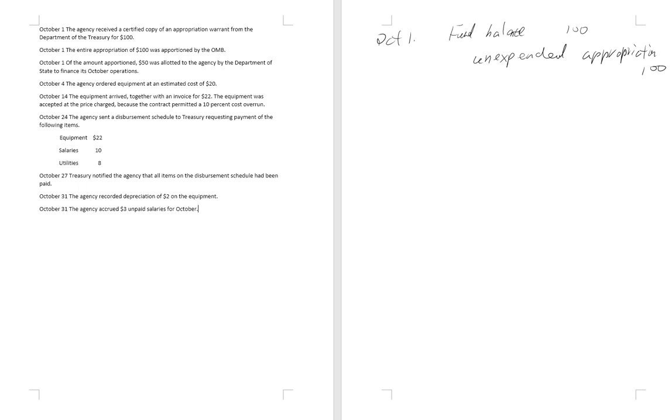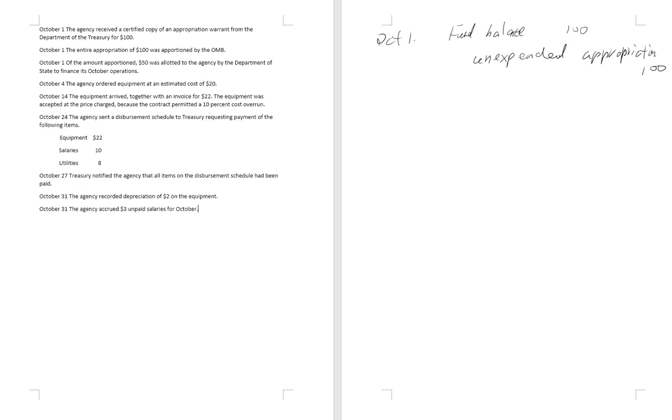Then October the 4th, the agency ordered equipment at an estimated cost of $20. So this time, the agency has pledged, or is obligated, to order $20 of equipment.